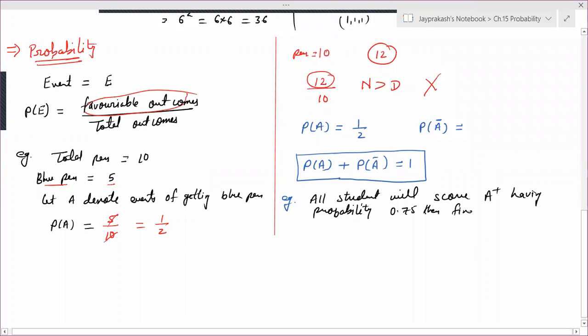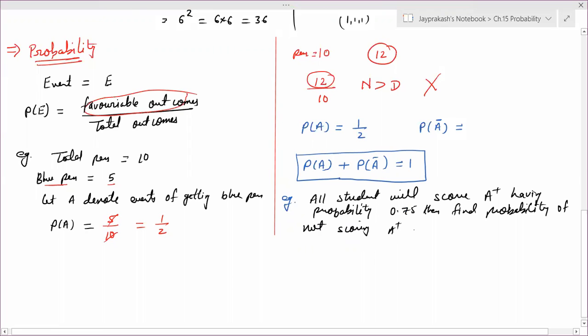Then find the probability of not scoring an A plus grade.